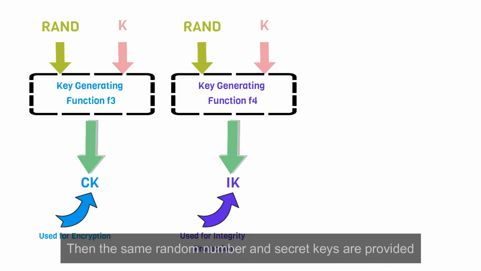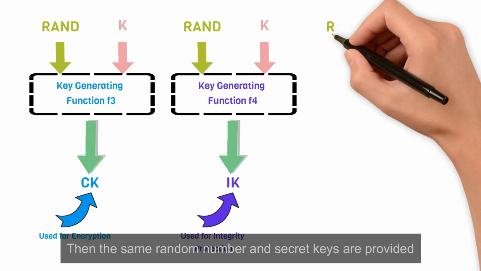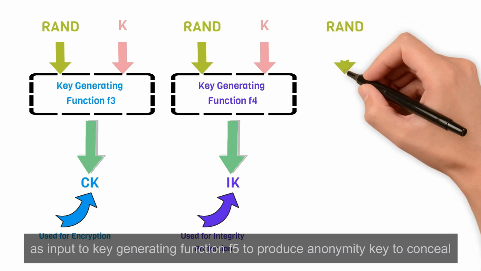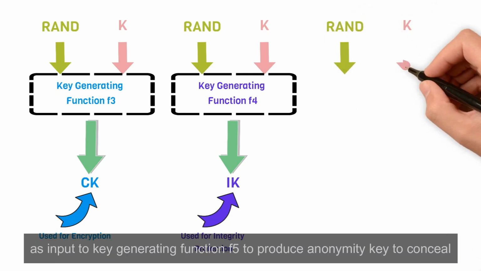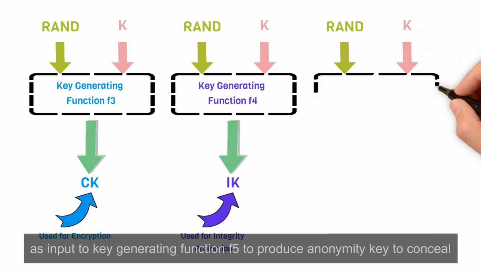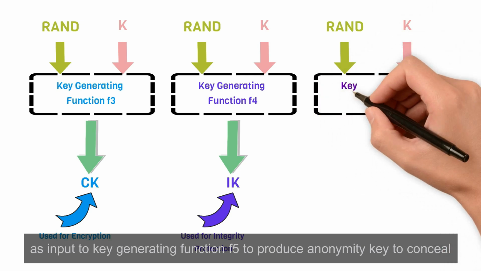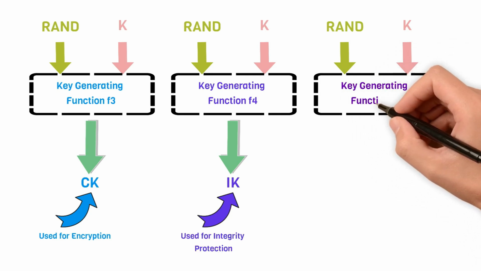Then the same random number and secret key are provided as input to key generating function F5 to produce the anonymity key to conceal the information.